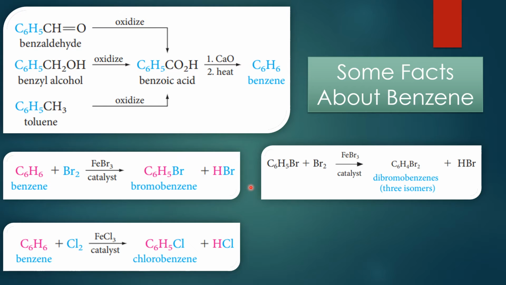Only one monobromobenzene or monochlorobenzene has ever been isolated. That is, no isomers are obtained in either of these reactions. This result requires all six hydrogens in benzene to be chemically equivalent.